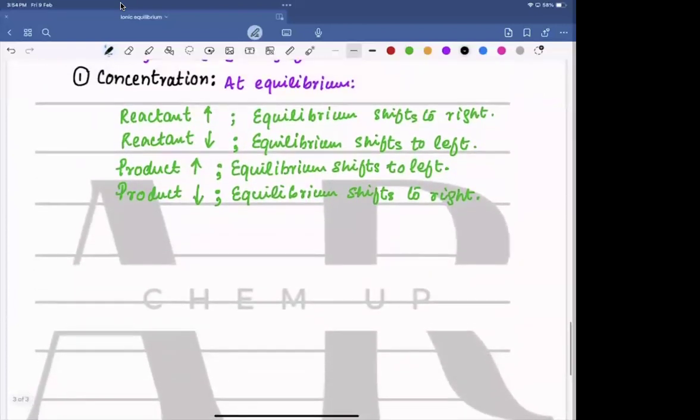Okay. Now after concentration, we have the next factor, pressure. Do remember that this is for those reactions in which there is a gas.